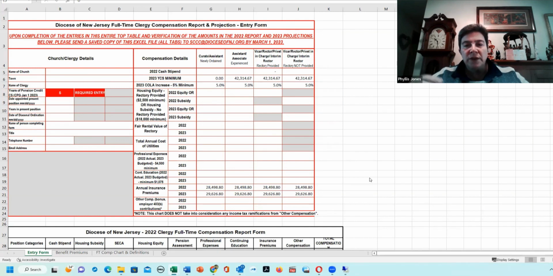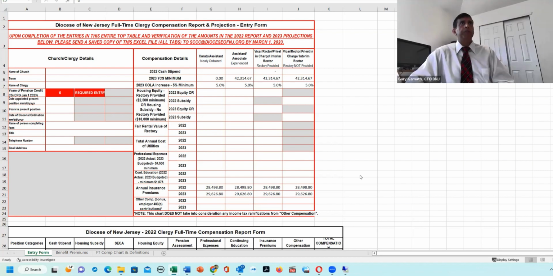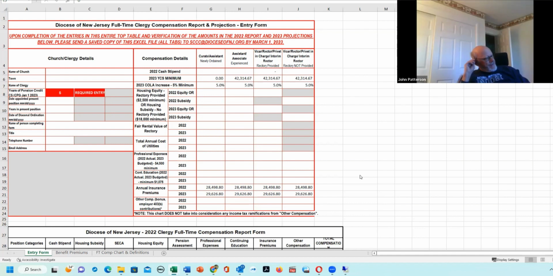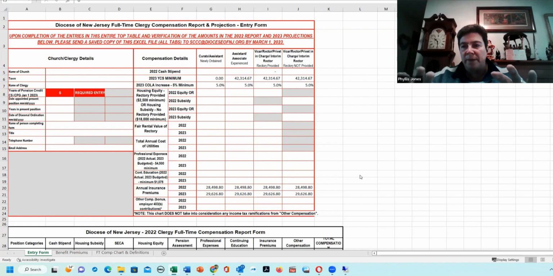What you report to the IRS and the breakdown that we use for this form do not need to be related to each other. So you can dissociate that part of it. Whatever they're requesting as a housing allowance for IRS purposes, you can designate it that way.